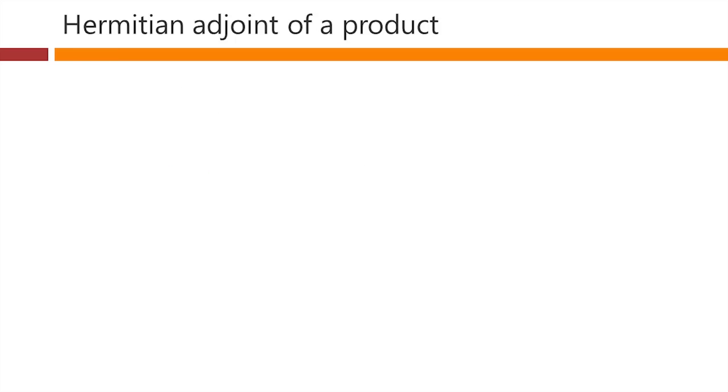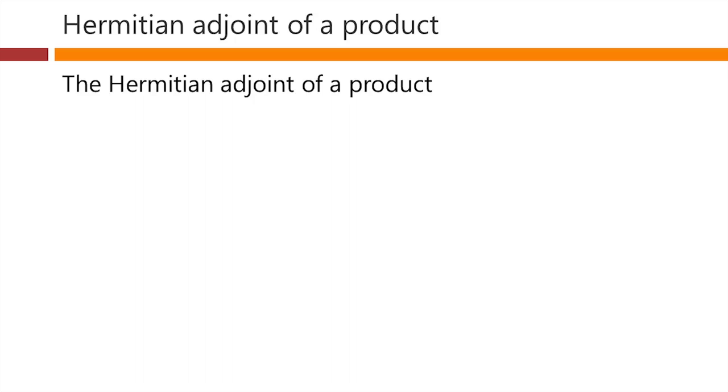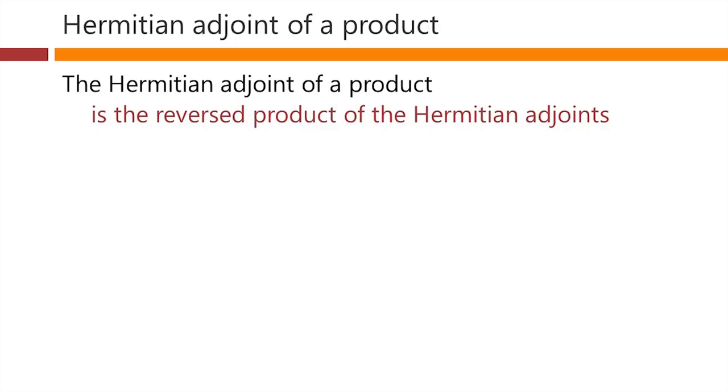Now, something that comes up quite a lot in the algebra of matrices and linear operators generally is we often have to take the Hermitian adjoint of a product of two matrices. And the Hermitian adjoint of a product turns out to be the reversed product of the Hermitian adjoints.